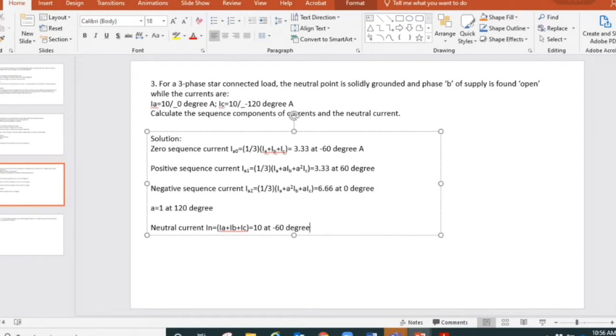And it should be interesting to find that we derived that in theory, but we probably have forgotten. We can find again, or through our observation merely, if we forgot it completely, this neutral current is actually 3 times of IA0. Can you see that?